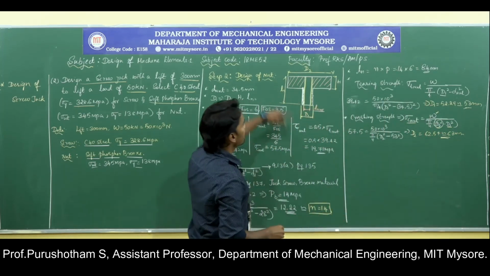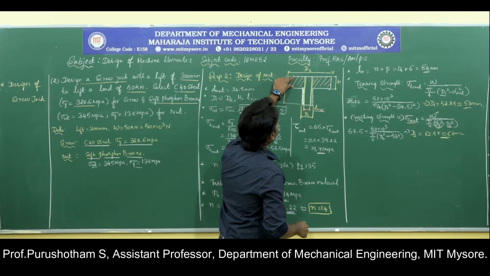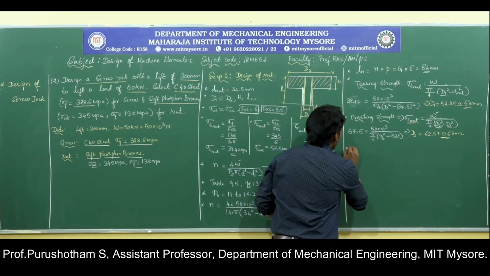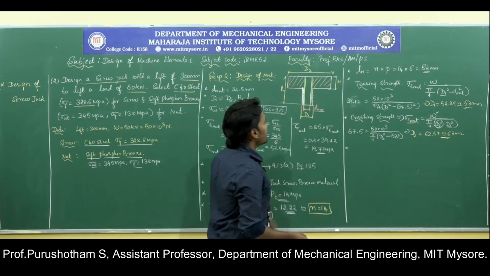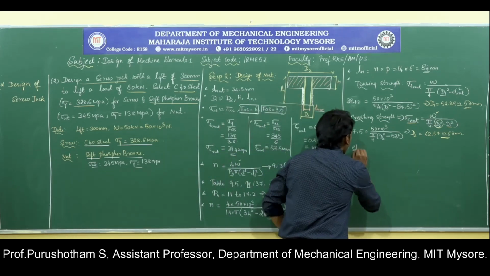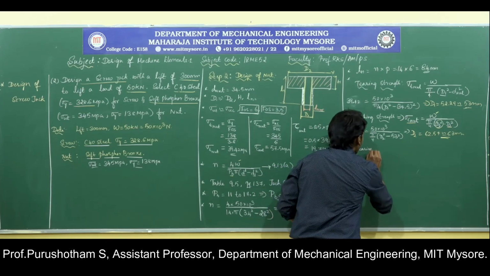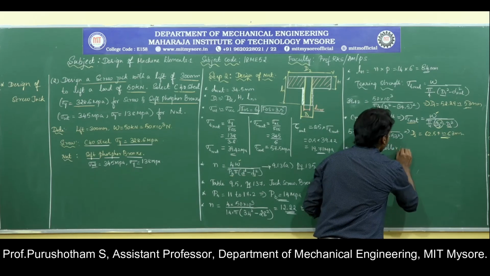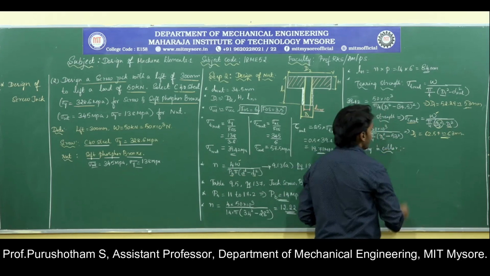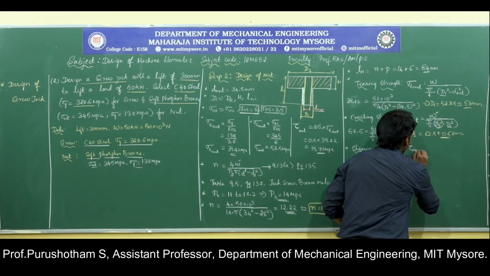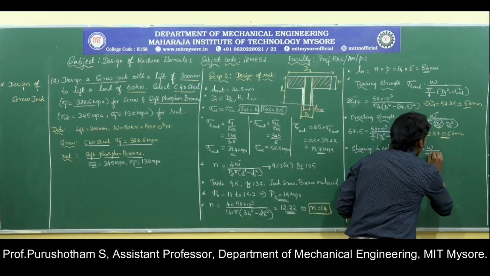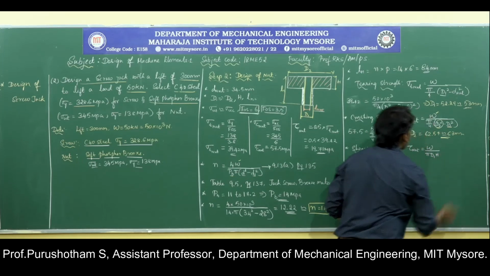So that means the collar is subjected to the crushing. From this we calculated the d2 value. Then the shearing effect, shearing in the collar, is given by tau of nut, which is load by pi d1 into h.